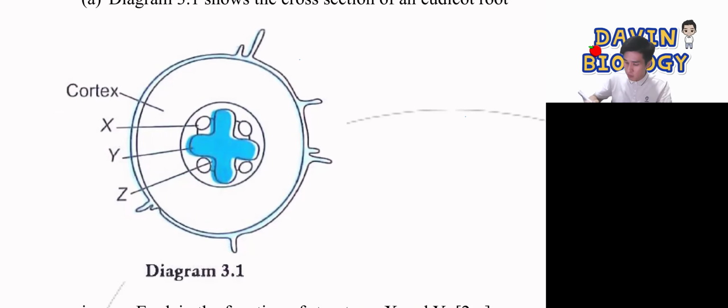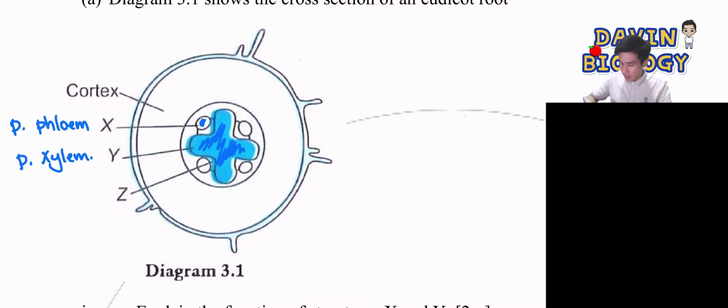So basically, inside this blue color part, inside here, this is the xylem, the primary xylem. X is on the outside, so this is the primary phloem.